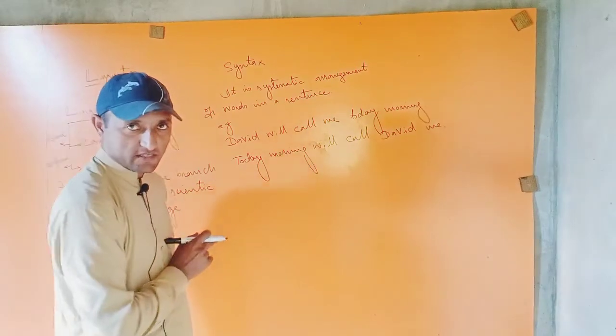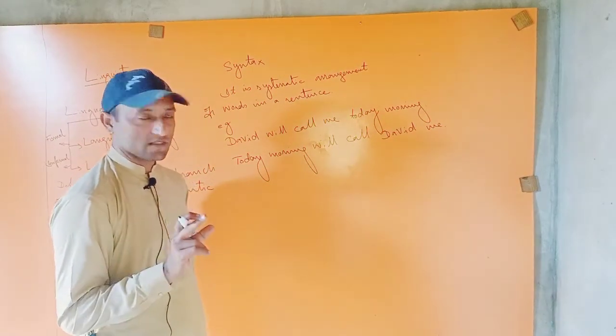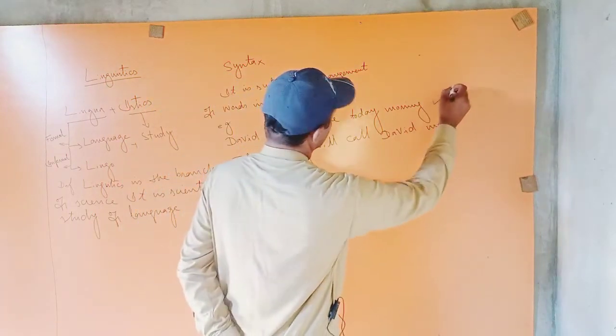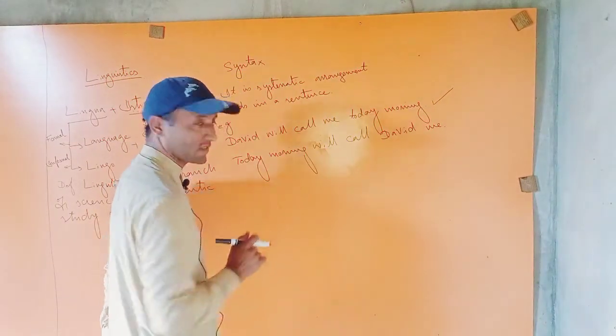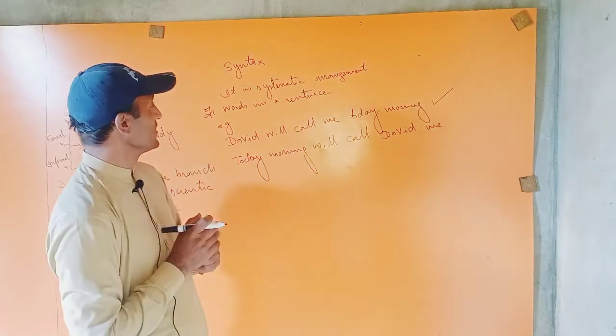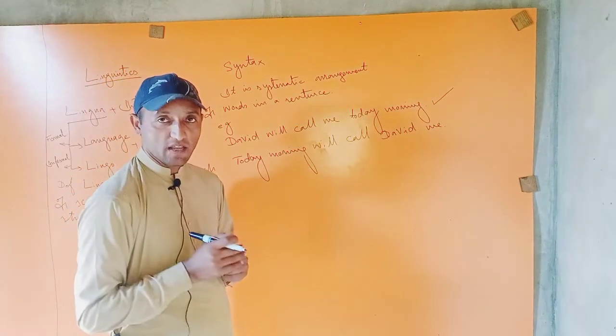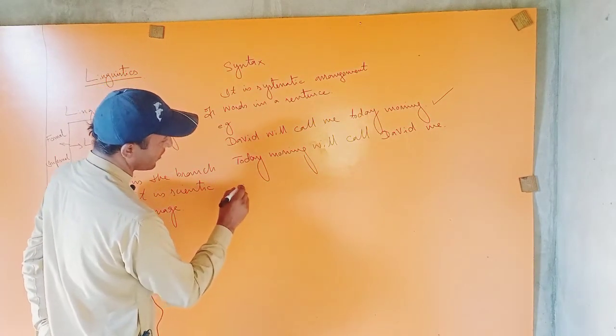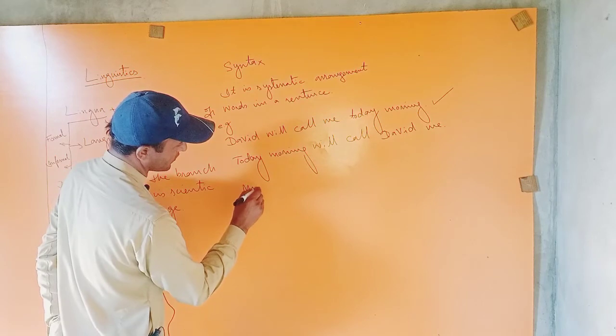Though it's a sentence, it's not a systematic sentence. The first one is a systematic sentence, which we call syntactic structure, and this one is not. Then the next topic is morphology.